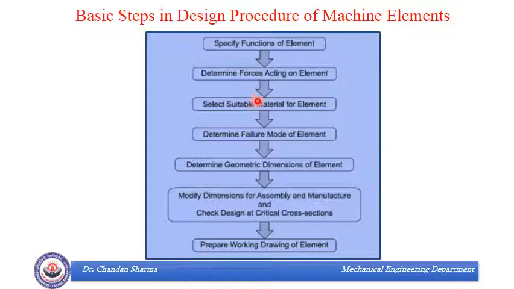So we need to fix the failure mode of the machine element. Then using design equations, we'll find the dimensions of the element. We'll modify these dimensions as per the requirements of assembly and manufacturing capability. We'll check the design at the critical cross sections.